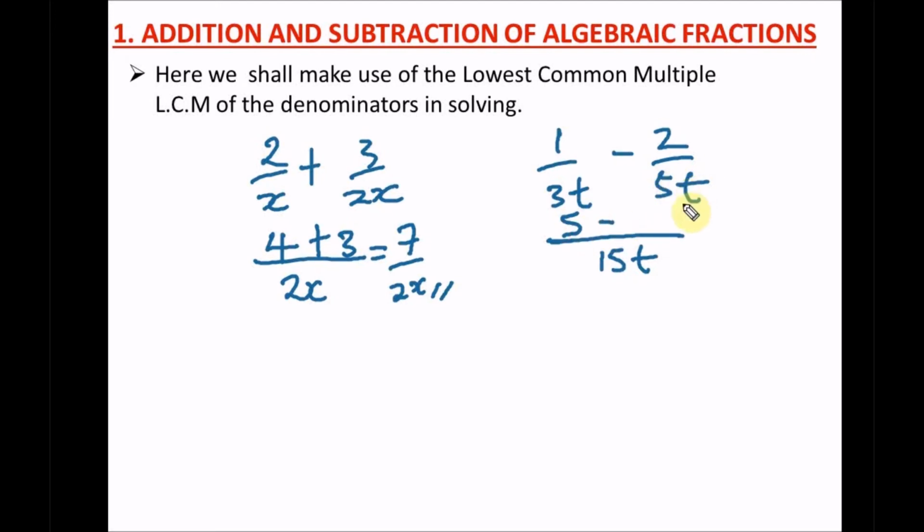Minus 5t in 15t will give us a 3, and 3 times 2 will give us a 6. So we're left with 5 minus 6. And 5 minus 6 is minus 1 over 15t. So this is how we simplify algebraic fractions when we are asked to perform either addition or subtraction operations.